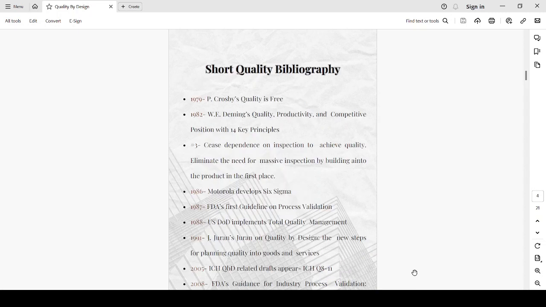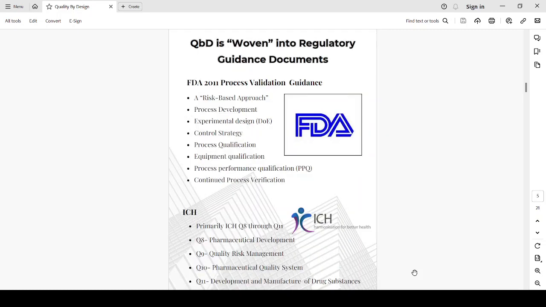If you see the bibliography, it starts with 1979 and till 2011 there were a lot of things that have changed. First, QbD is woven into regulatory guidance documents, such as the FDA 2011 process validation guidance.